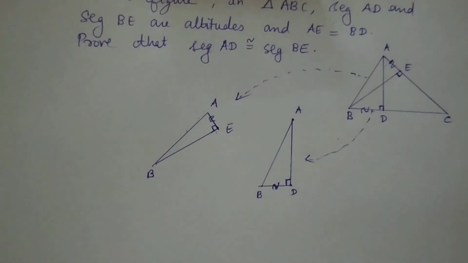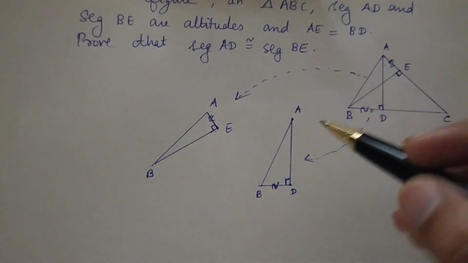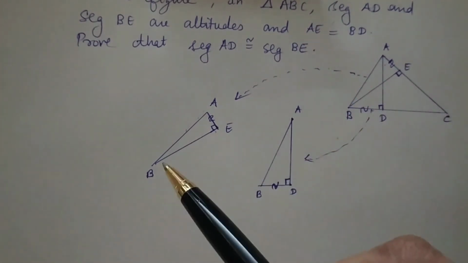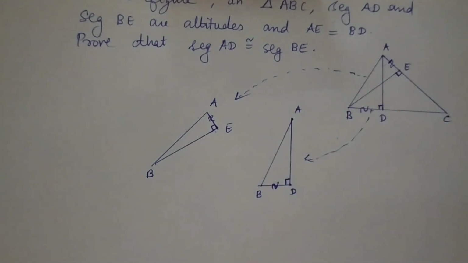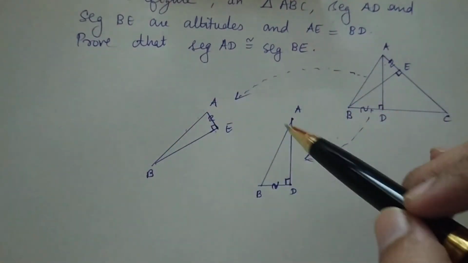So these two triangles are congruent by the hypotenuse side test. Once the two triangles are congruent, automatically the remaining sides and angles also become congruent, so we can say BE is congruent to AD.